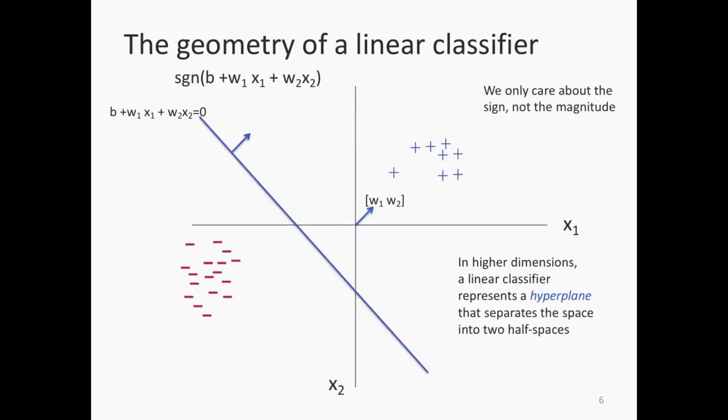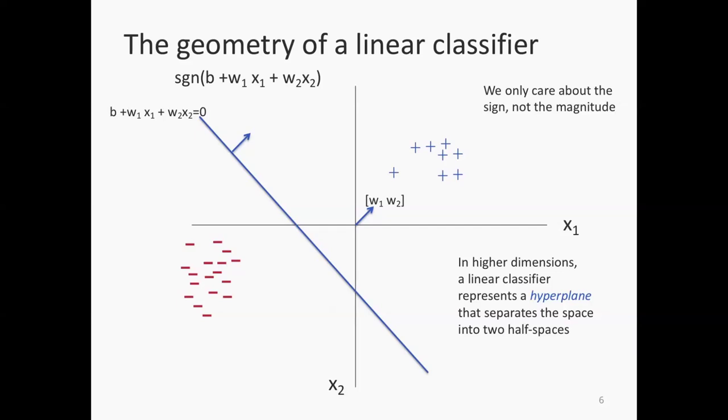We've also seen that a linear classifier has an interesting geometric perspective, where the separating boundary between the plus and the minus is a line in 2 dimensions or a hyperplane in high dimensions.